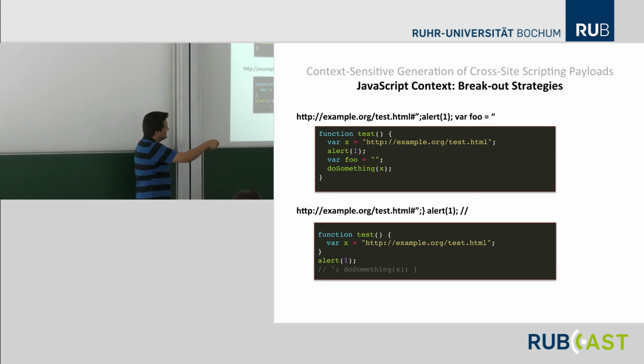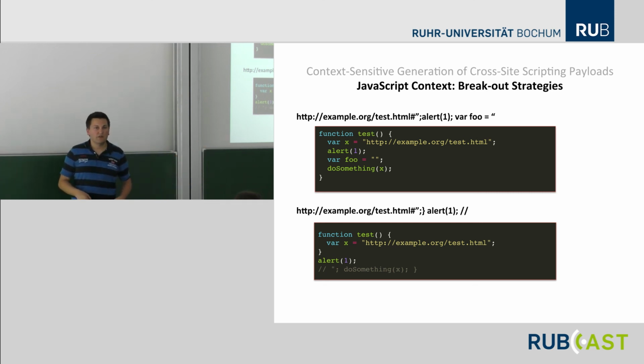The other possibility is we could break out of this variable declaration, end the variable declaration, and immediately break out of this function test, because we can just insert a parenthesis, and then we can, after the function, insert the alert. And if you look at these 2 different possibilities, we see that this has some advantages.